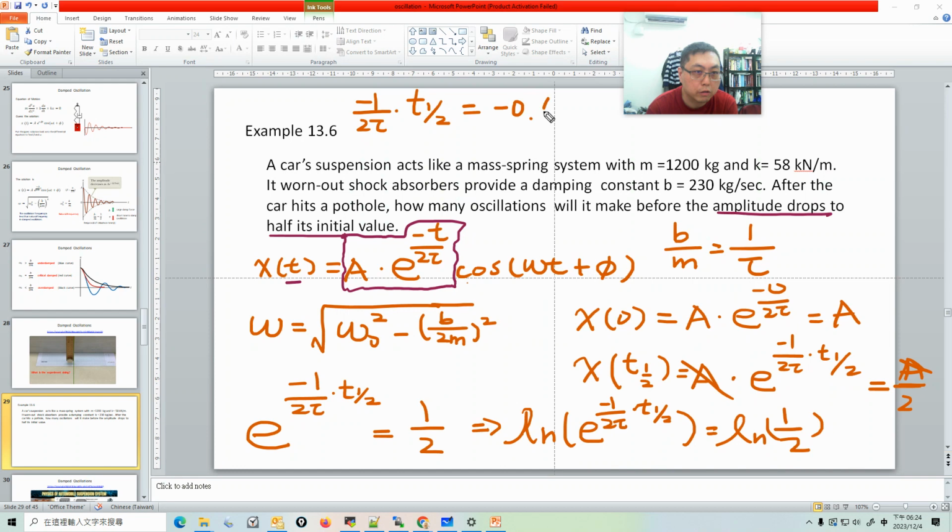Both sides are negative, so we cancel the negatives. So our T1/2 is 0.693 times 2 tau. Now what's our tau? Let's calculate our tau, which is m over b.